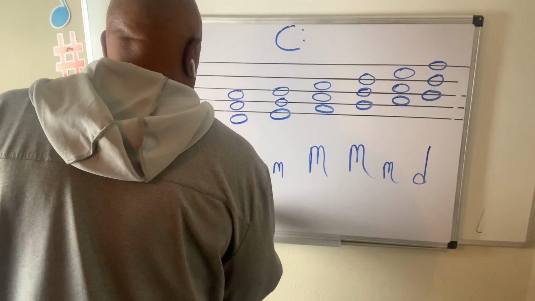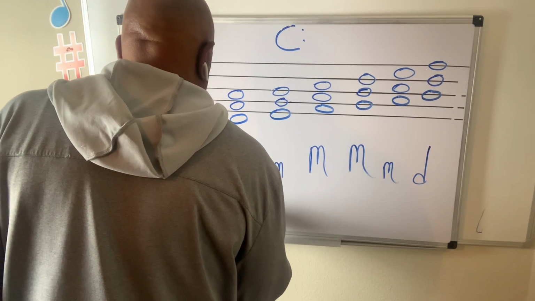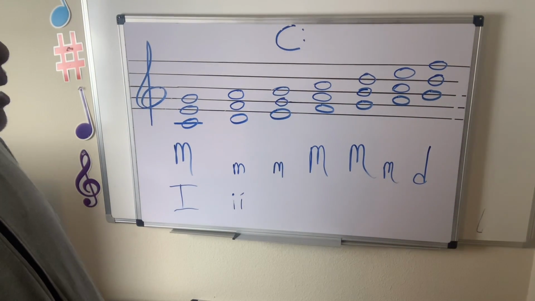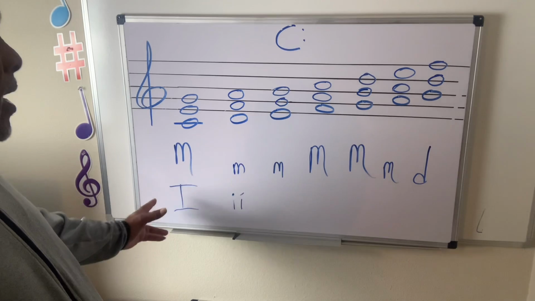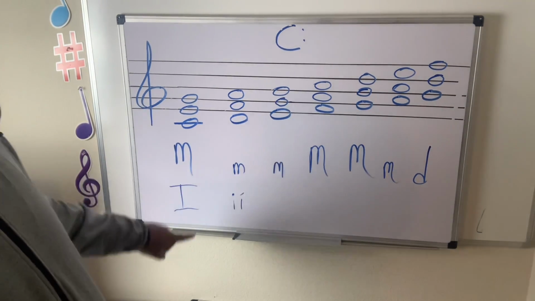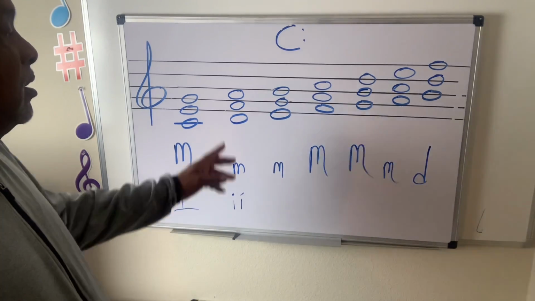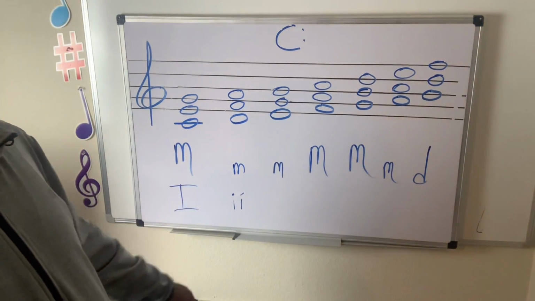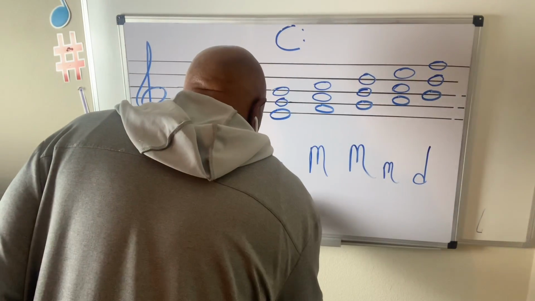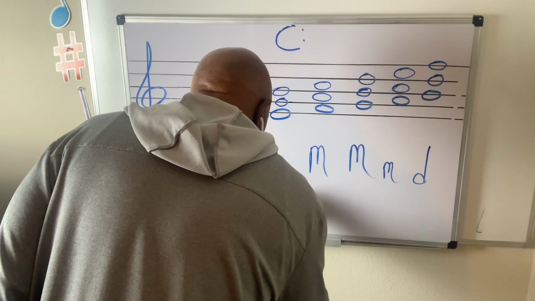Okay, I hope you can see that. So your major chords or major triads are noted by capital Roman numerals. Minor, lowercase. The third degree, same thing, lowercase.